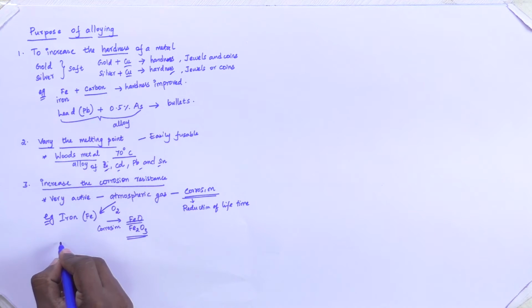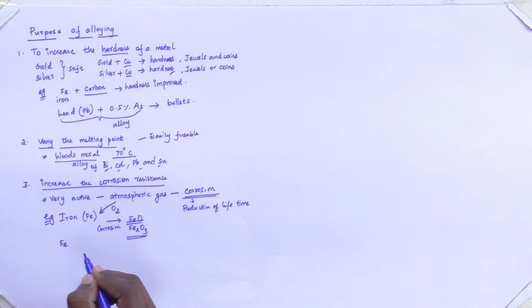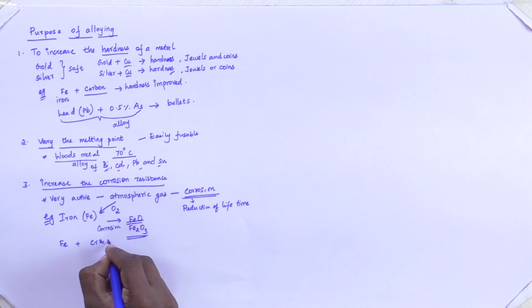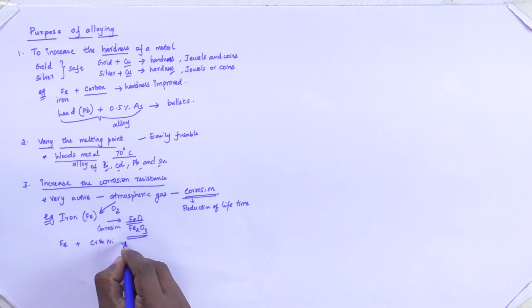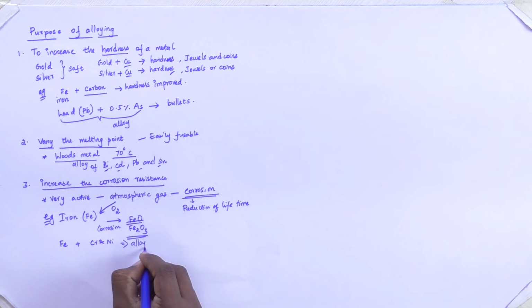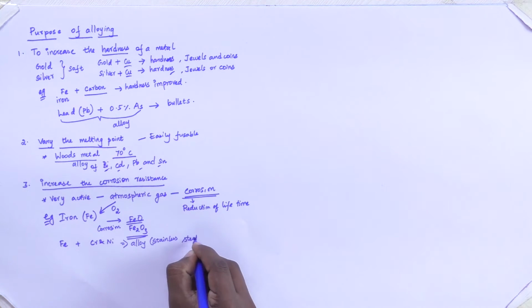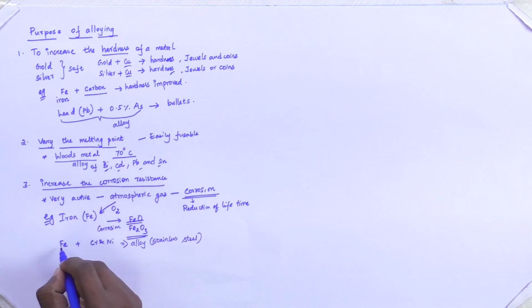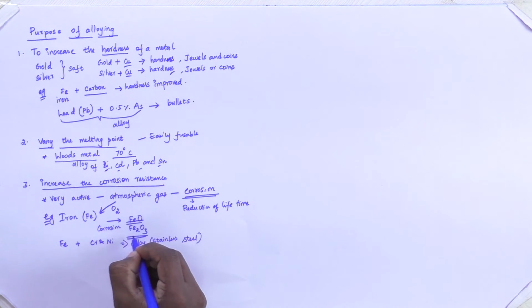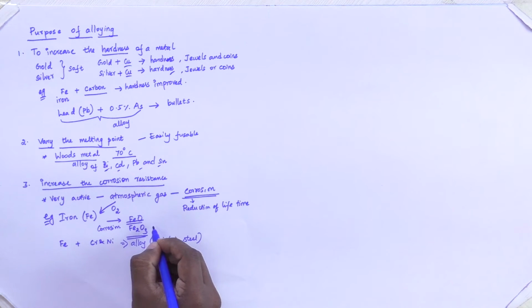So what we need to do is, we need to mix this iron with certain elements like chromium and nickel to form an alloy which is called stainless steel. So this is an alloy which can protect the iron from getting oxidized into FeO and Fe2O3.